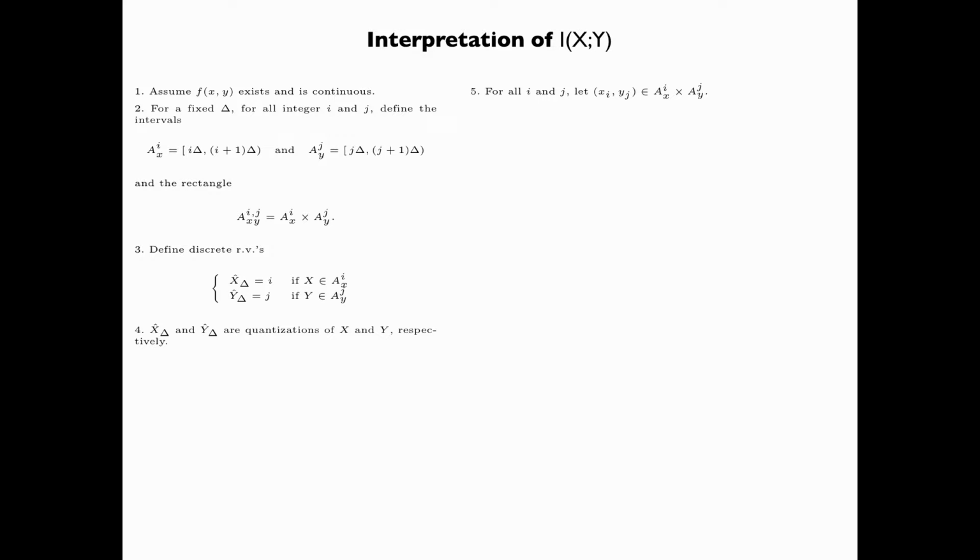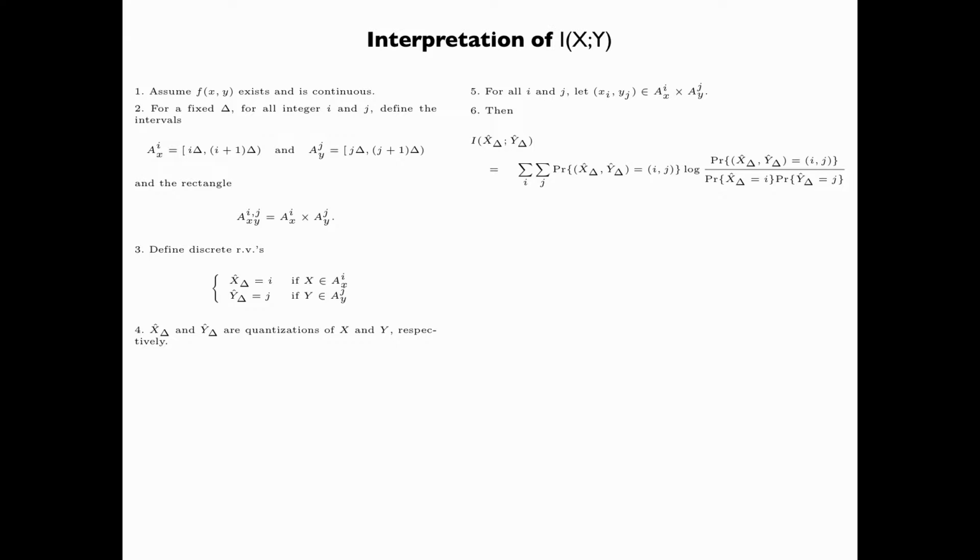Now for all i and j, let the pair (x_i, y_j) be a vector in the Cartesian product of A^X_i and A^Y_j. Now we compute the mutual information between the two discrete random variables X hat delta and Y hat delta.